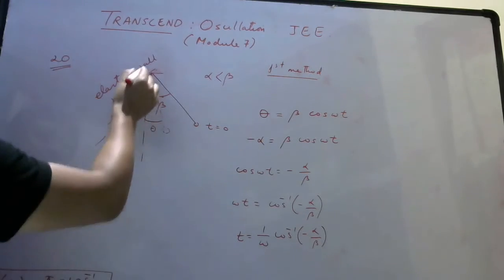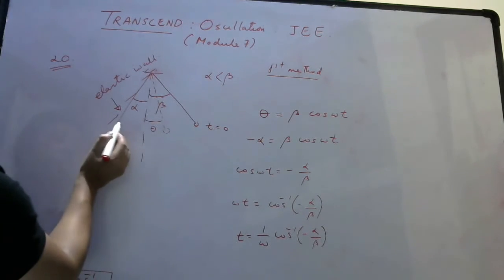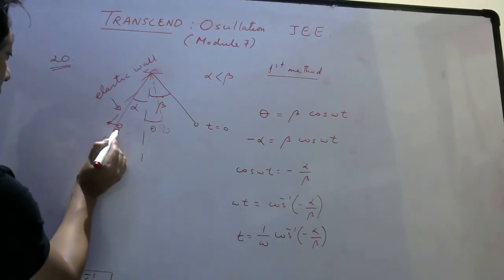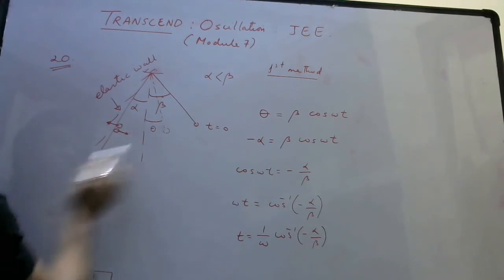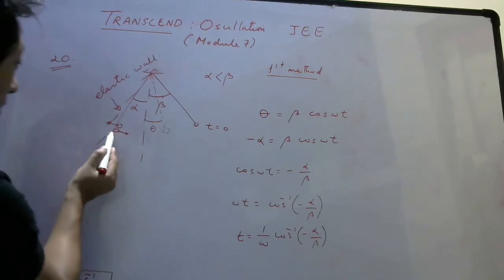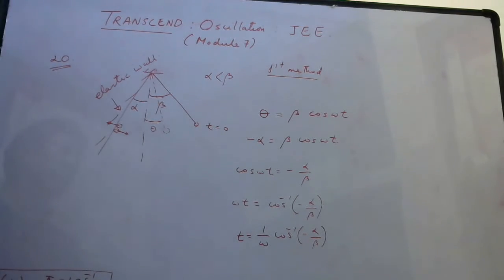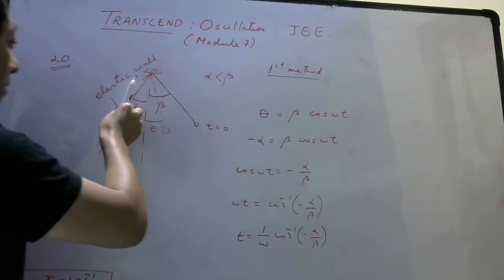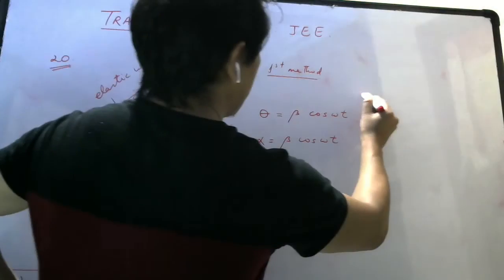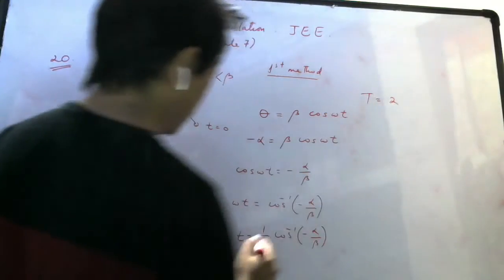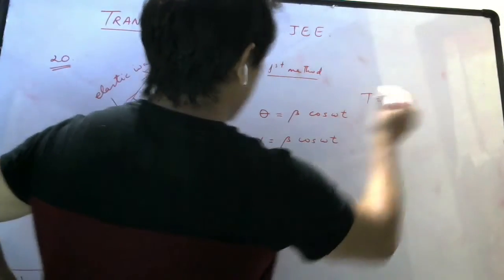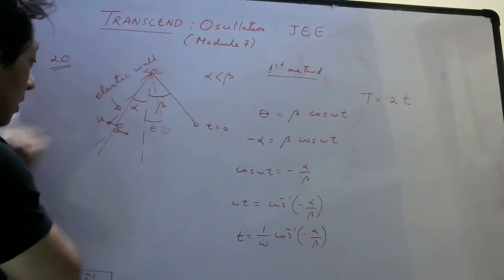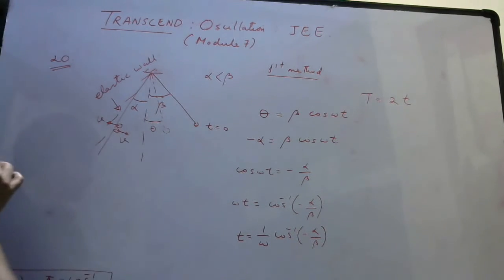And since it is an elastic wall, with whatever speed it hits, with the same speed it will rebound. Which means from here to here, and from here to there, the time taken will be the same. So the time period of the pendulum means from here to here, then from here to here, right? The time period will be twice of this time. And we are allowed to do that because the collision with the wall is elastic.